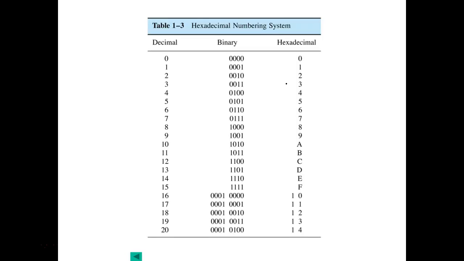So if I was counting in decimal, I would go 0, 1, 2, 3, 4, 5, 6, 7, 8, 9, 10, 11, 12, 13, 14, 15, 16, 17, 18, 19, 20, 21, 22, 23, 24, 25.